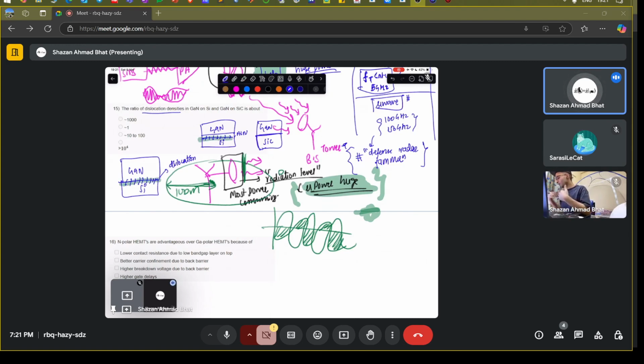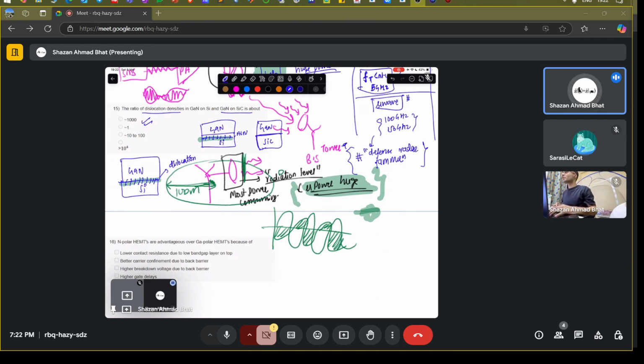If you use gallium nitride over silicon, the ratio of dislocation densities for GaN on silicon to GaN on silicon carbide is almost 1,000. It's almost huge, and it may even be greater. Let me check what they have marked as the solution, because I don't want to conflict with the solutions. Yes, they have mentioned 10 to 100, but it can be of the order of 1,000.